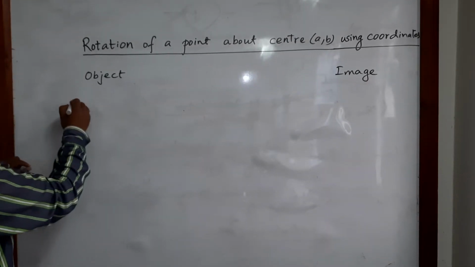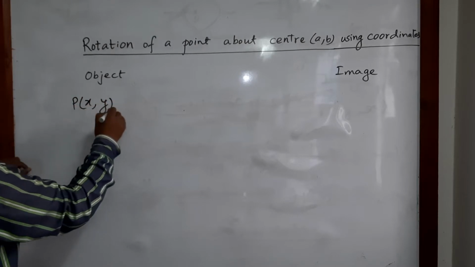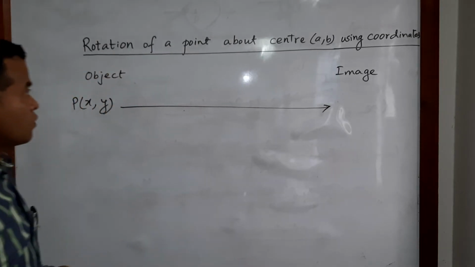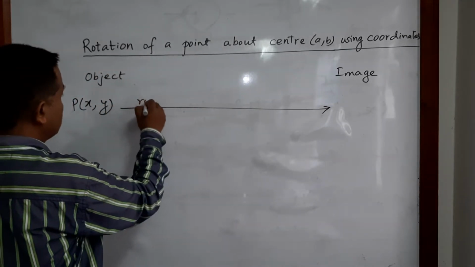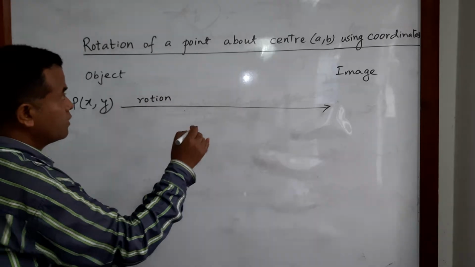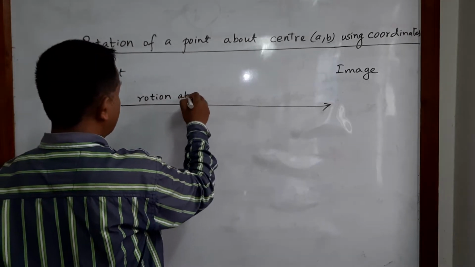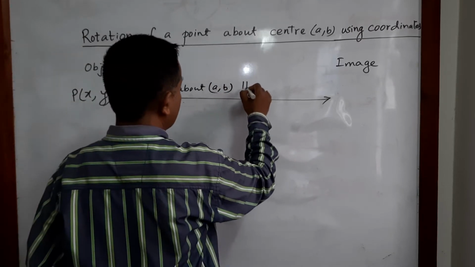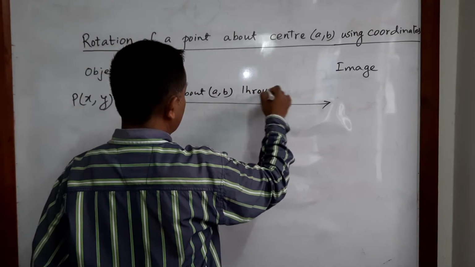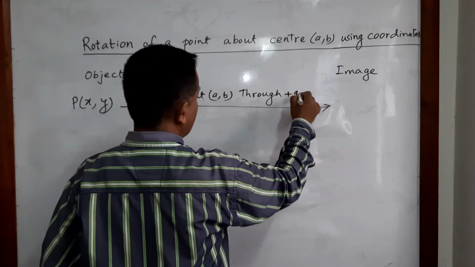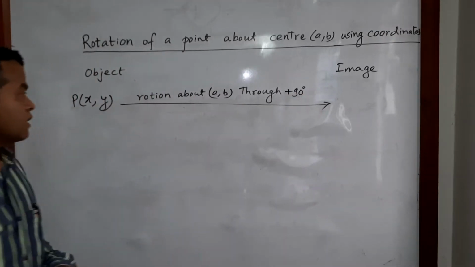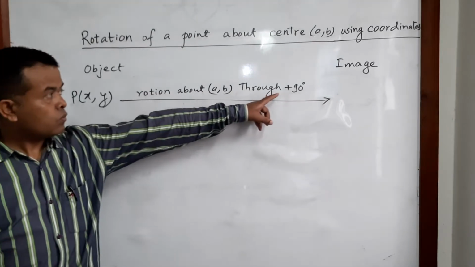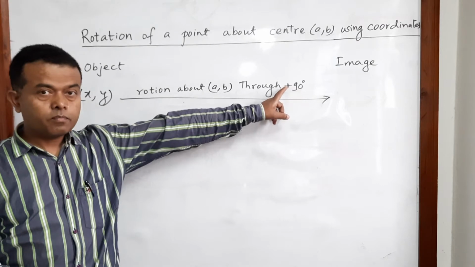So we have object point P(x, y) and a rotation about center AB through positive 90 degrees.